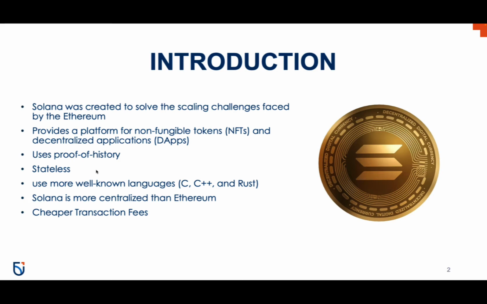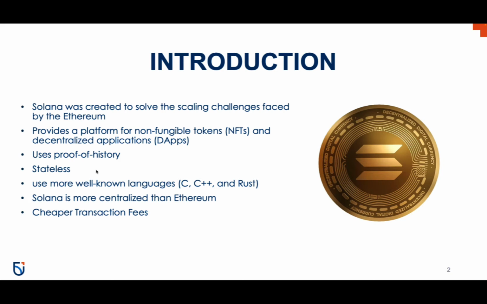It uses the Gulfstream transaction forwarding mechanism to run its programs instead of mempools. Solana is more centralized than Ethereum. Top 30 validators hold over 35% of total stake. The top validators have thousands of SOL staked and control a significant percentage of the network.